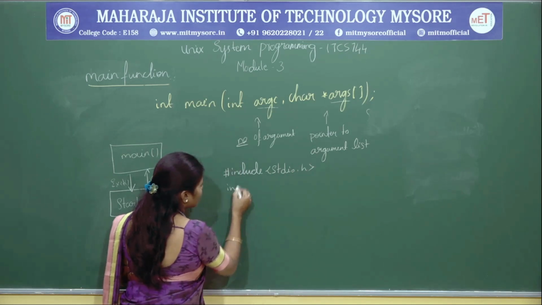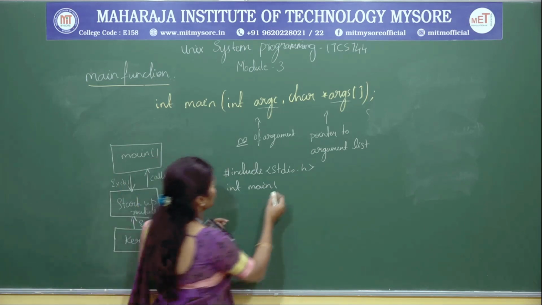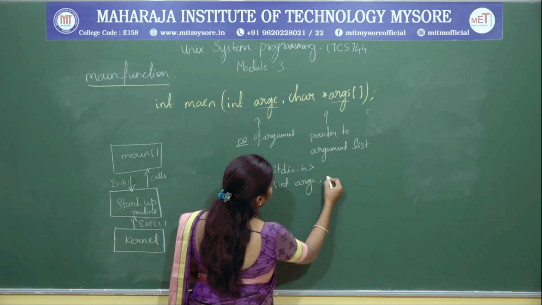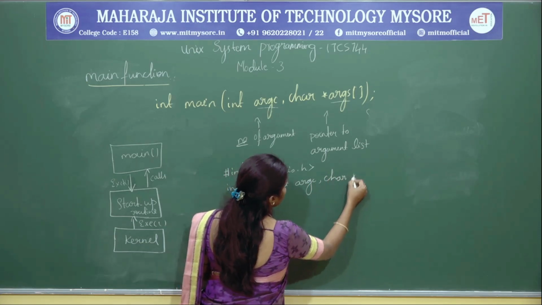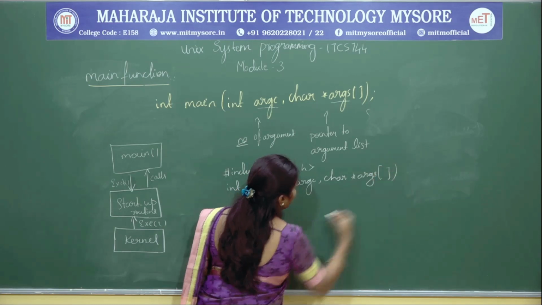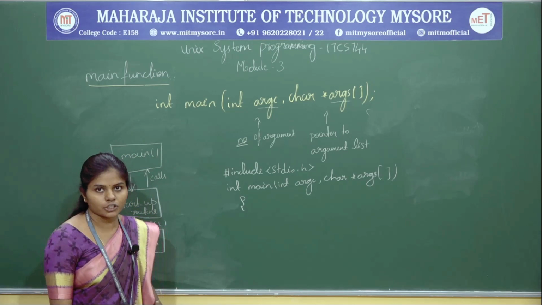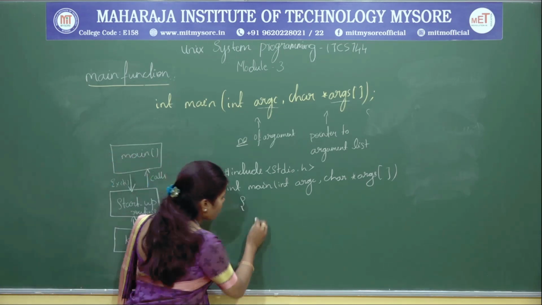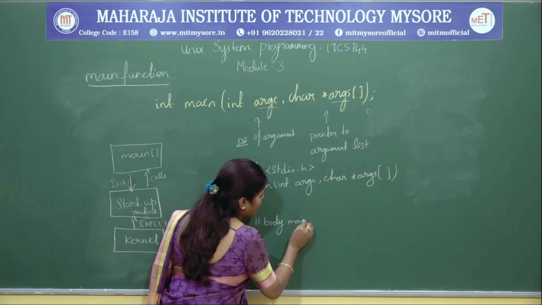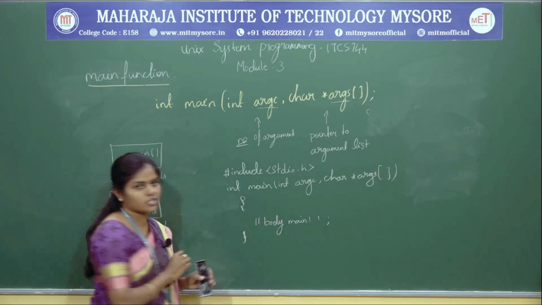Then I am going to make use of the main function. Within that, I am going to specify the two arguments: int argc, comma, char star args, that is the argument list. Then I am going to write the body of the main function. You can write anything here. Then I am going to close this program.